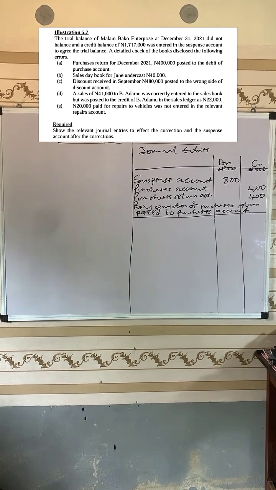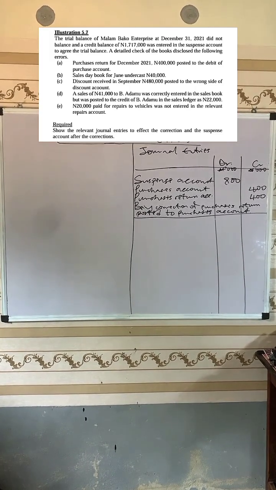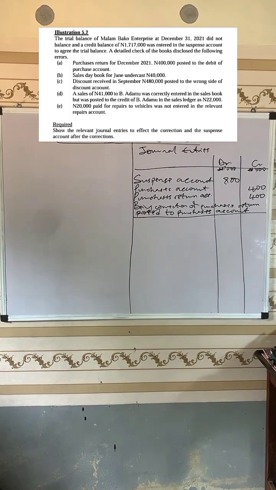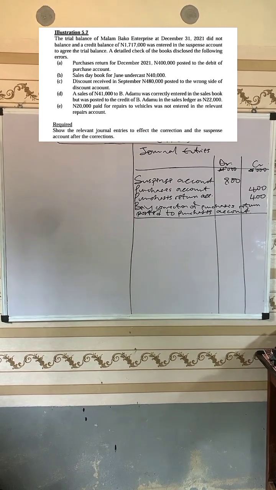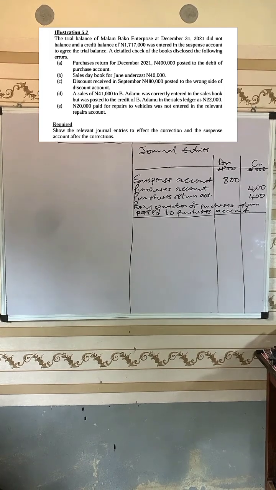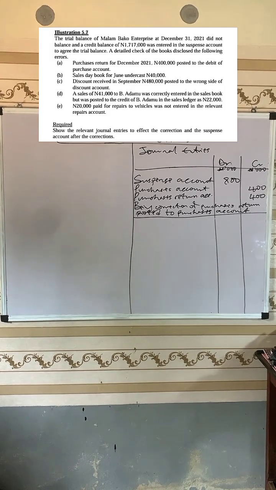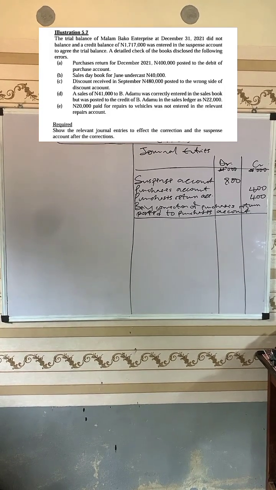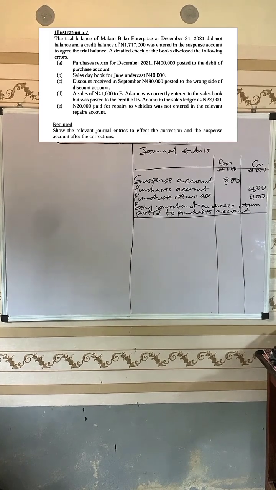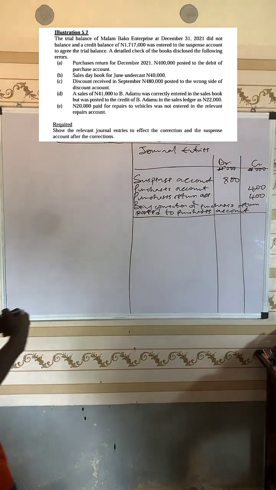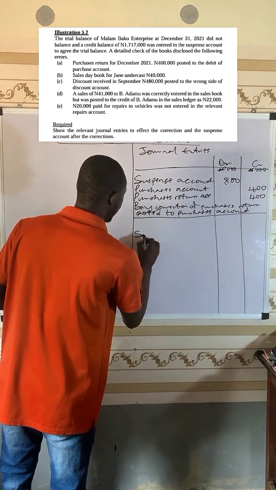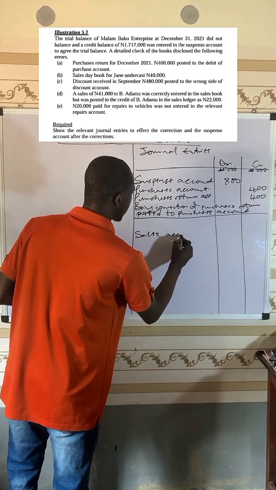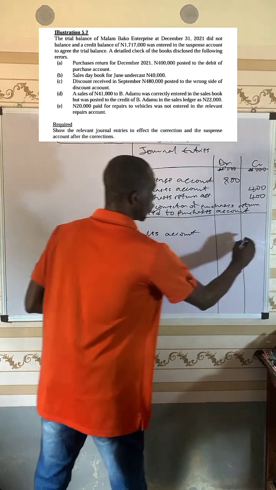by 40,000 naira. When there is undercast, it means in our sales day book, in our sales account, we didn't record the actual amount. The amount we recorded was less than the actual amount. So this will still follow the right treatment. Since it's an undercast, sales account is meant to be credited, so we are still crediting our sales account, 40,000.